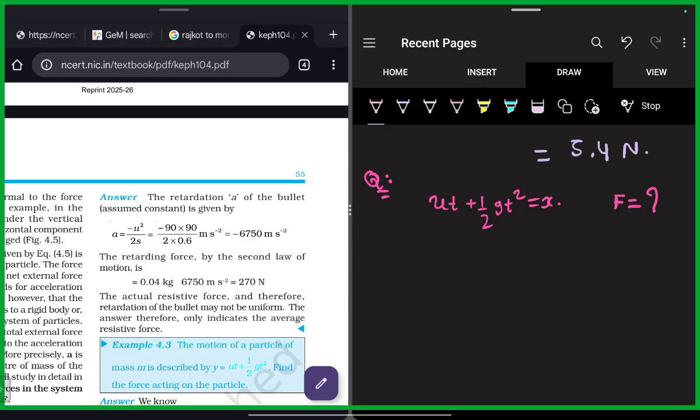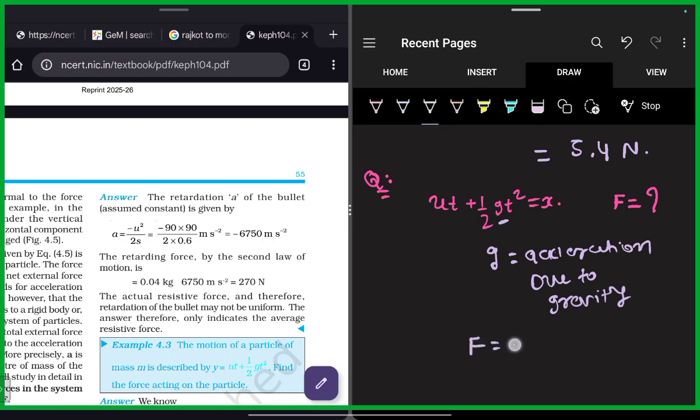So here clearly you can see this g is our acceleration due to gravity. So clearly it is our gravitational force. It is our weight force. This is the answer.